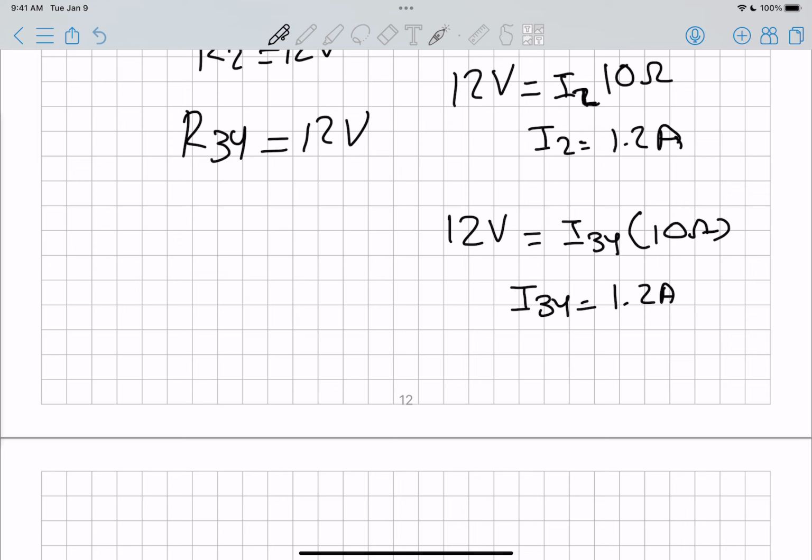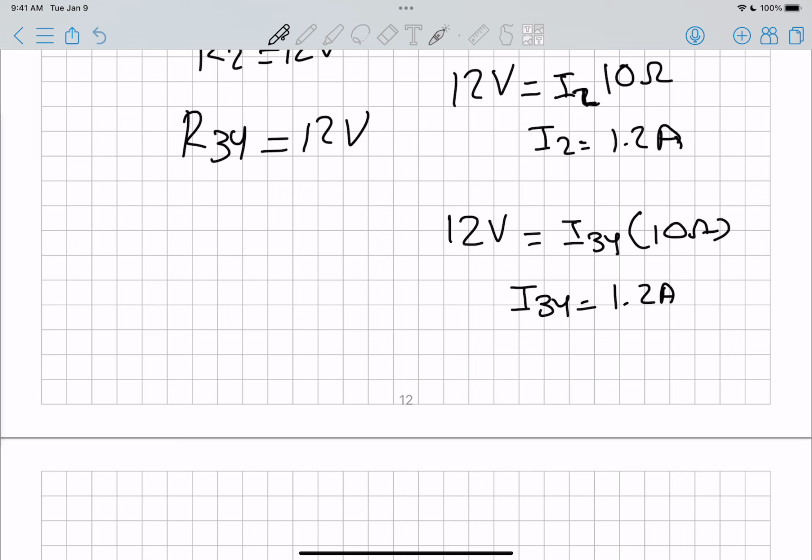What did I say about R3 and R4? What's the relationship between R3 and R4 again? In series, yes. So if they're in series, what does that mean about the current between them?